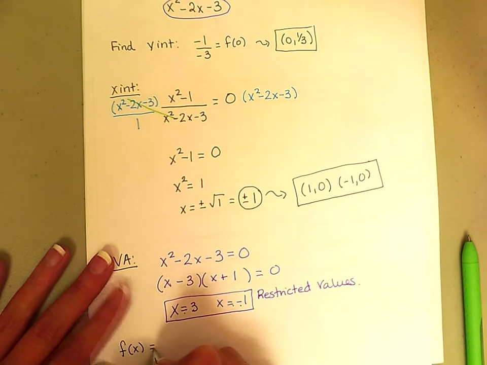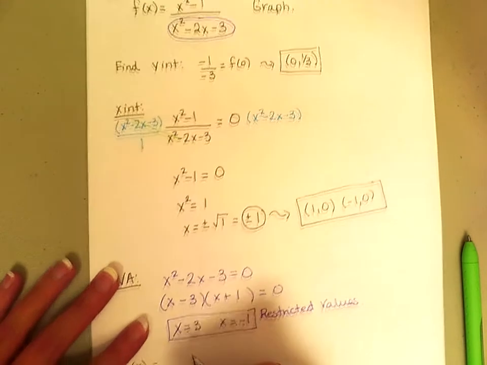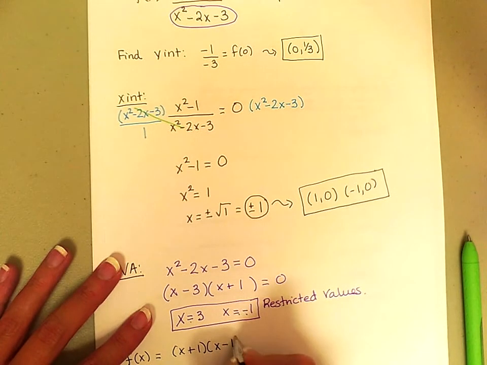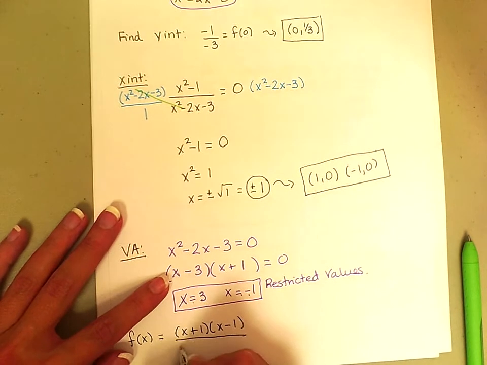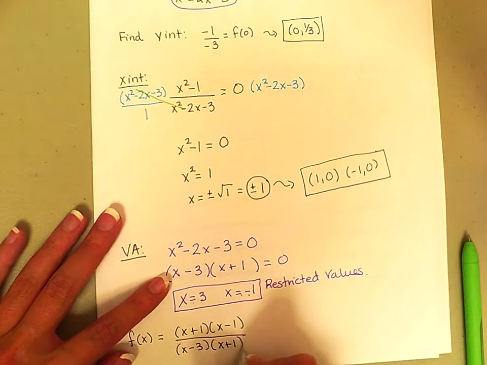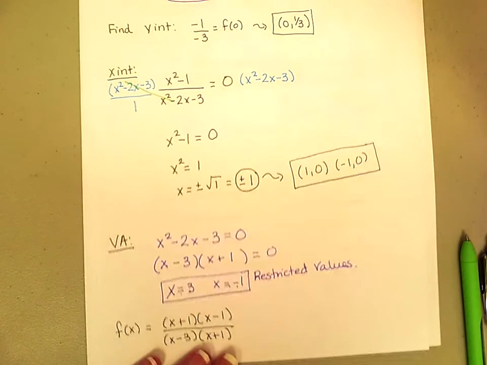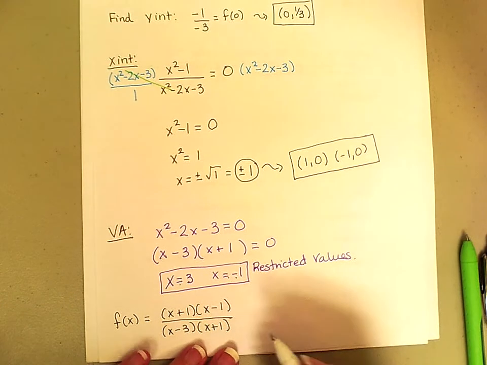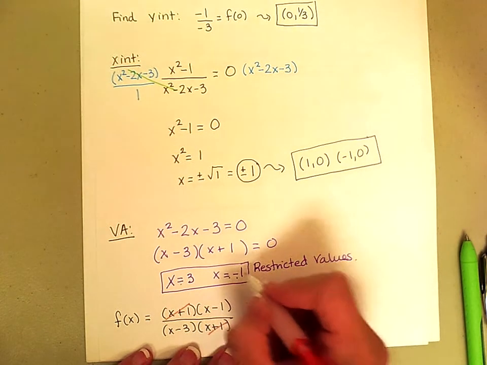So f is equal to x squared minus 1, which factors into x plus 1, x minus 1, and the denominator factors into x minus 3, x plus 1. So now we can see that f is not written in its lowest terms. We could cancel these.